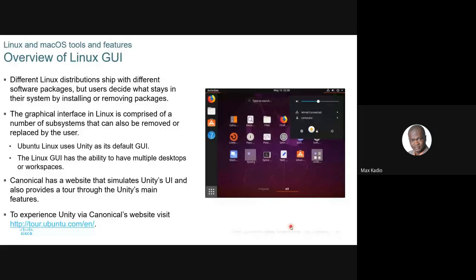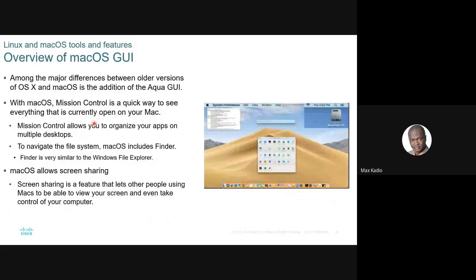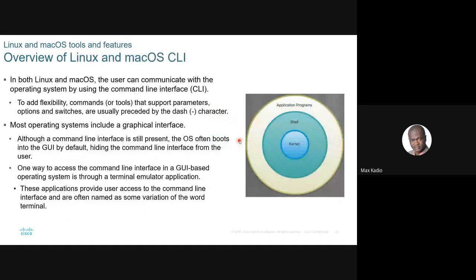But with Linux, you can click, but you also do some configs. You can organize your room, your house, the way you want with Linux. Mac, the Apple company, also has its own way of doing this stuff.